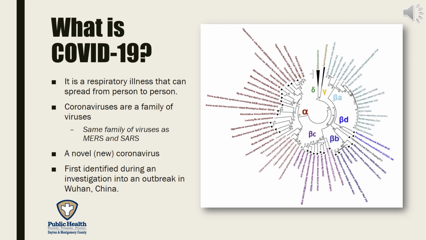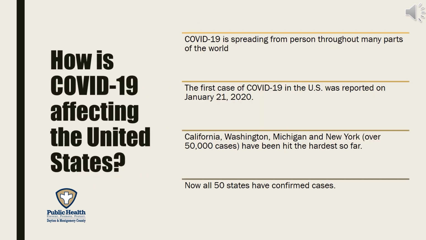It's a respiratory illness most commonly spread person to person. And the unique piece of COVID, again, is that it is novel, meaning it's new. We have never seen the strain of this virus. Because it is new, what we know about it is ever evolving, and we continue to learn about this disease day after day.